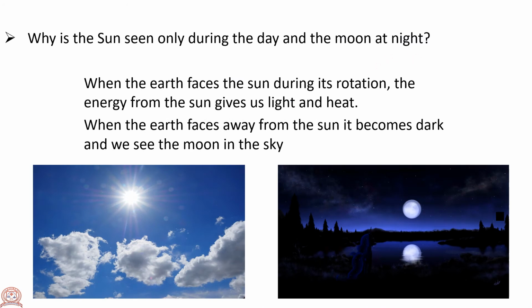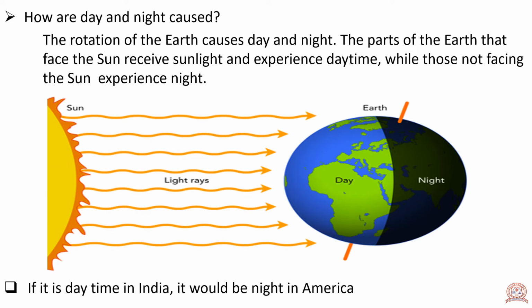You know, why is the sun seen only during the day and the moon at night? When the earth faces the sun during its rotation, the energy from the sun gives us light and heat. When the earth faces away from the sun, it becomes dark and we see the moon in the sky. How are day and night caused?